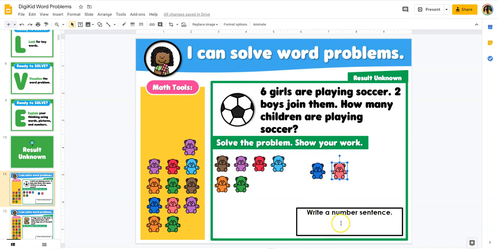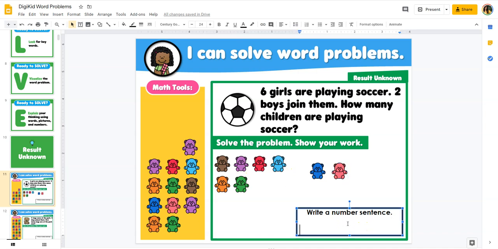So if we had to write a number sentence to show what's happening in this word problem, what would we write? What number sentence would we write? 6 girls plus 2 boys equals 8.